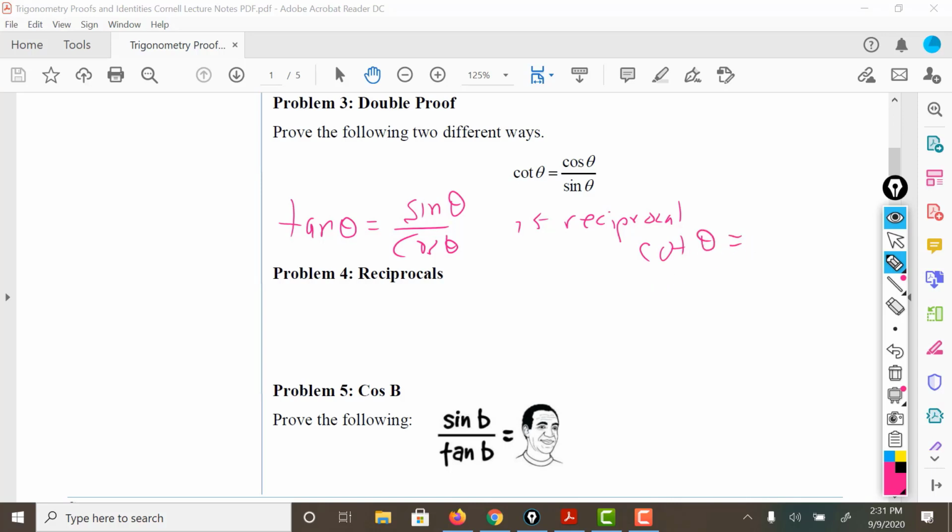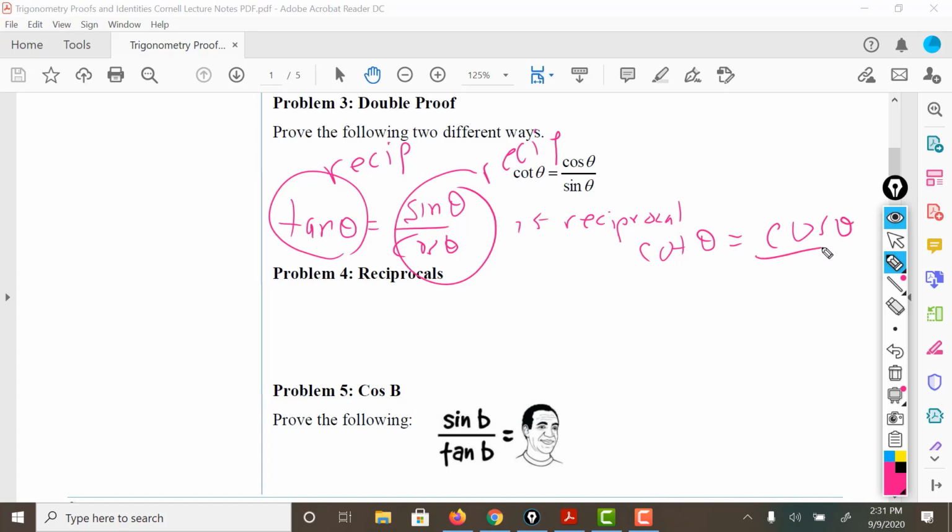But if I reciprocate the tangent, means I reciprocate this as well. That means I flip it upside down. Okay, so that's another way that we proved that cotangent is cosine over sine. So at this point, you got to know that tangent is sine over cosine, and cotangent is cosine over sine.